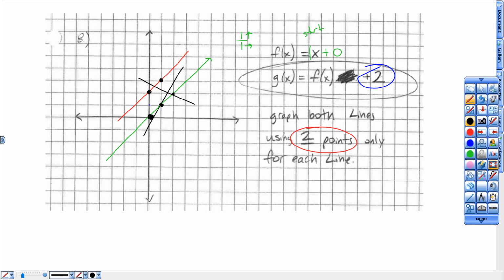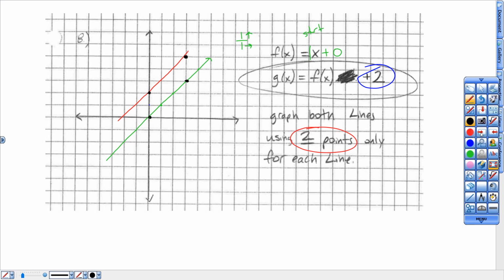If you try to do 3 dots or 4 dots, they're going to mark you wrong. So any 2 dots will do. I could show another couple of dots like this if I wanted. I could have used this dot and then maybe one way up here, and then do the same with the other one. Again, just 2 dots, no more than 2 dots for each line.